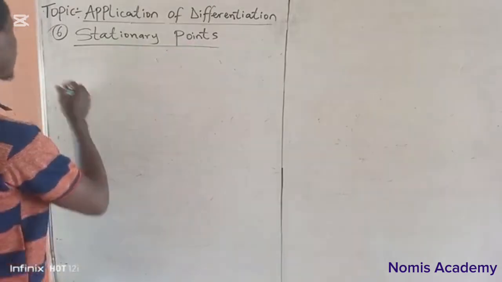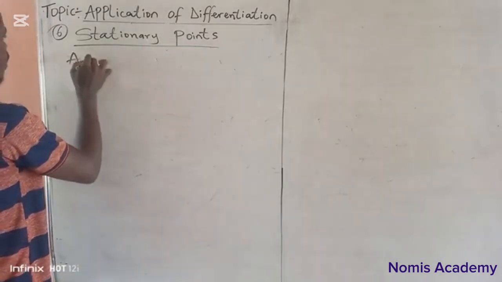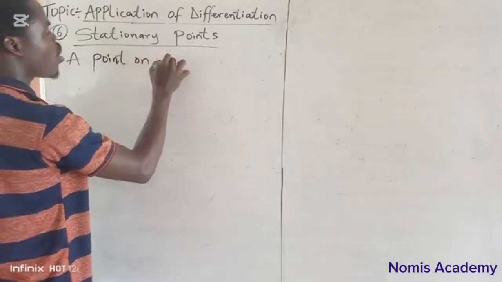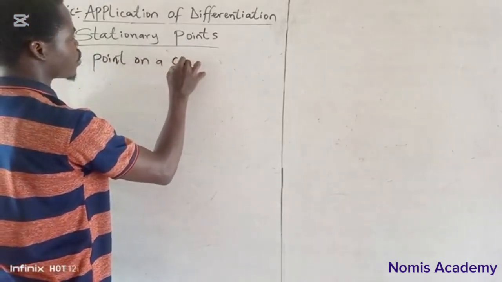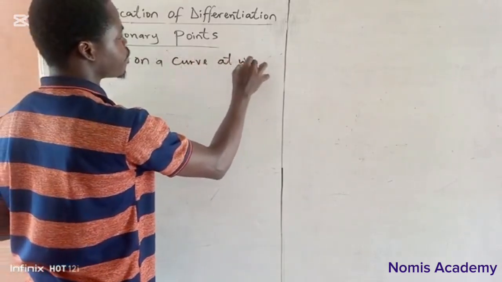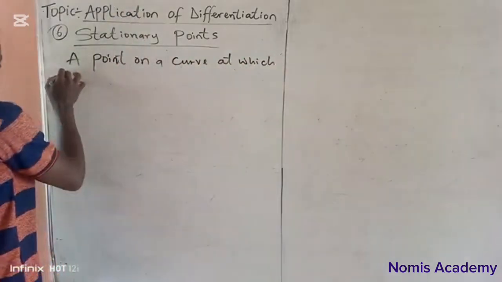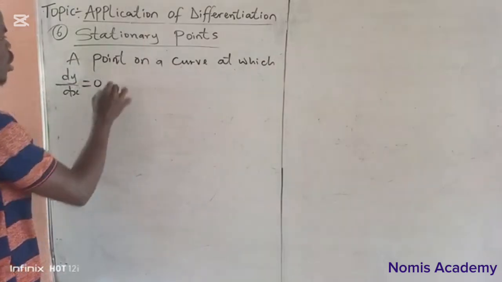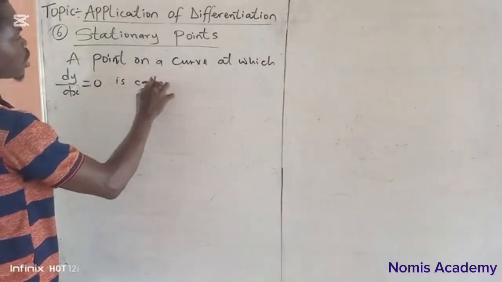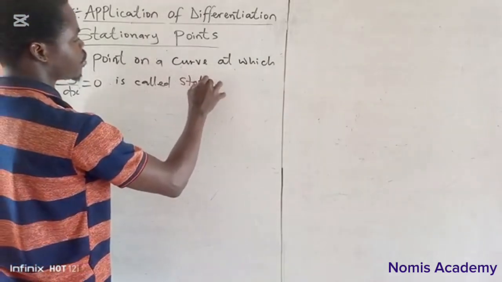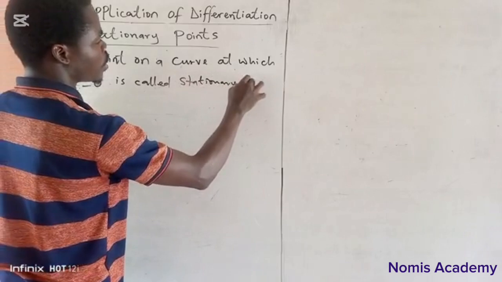Now, a stationary point, or we say a point on a curve at which dy/dx is equal to 0, is called a stationary point.